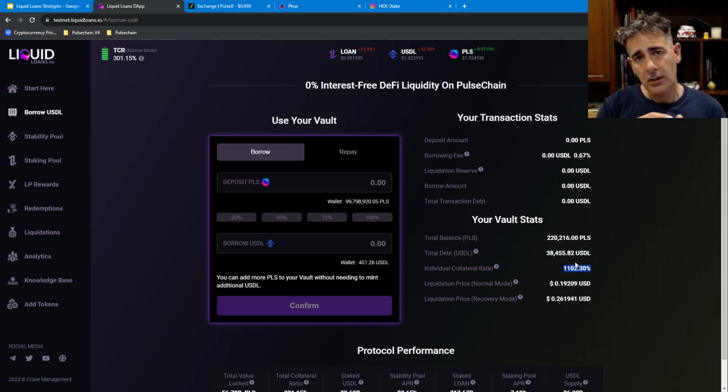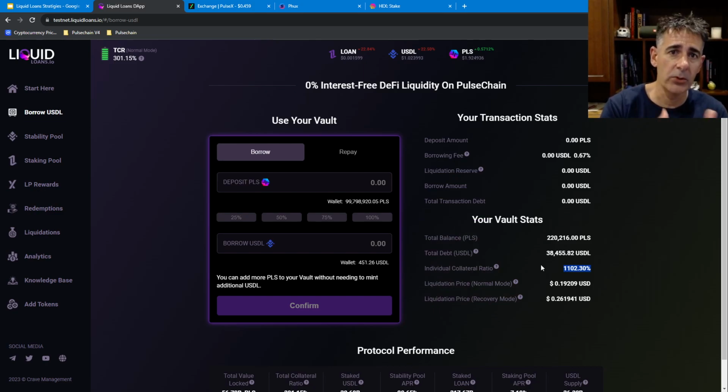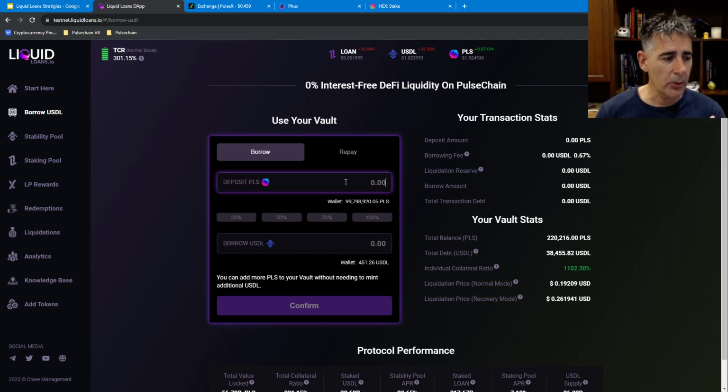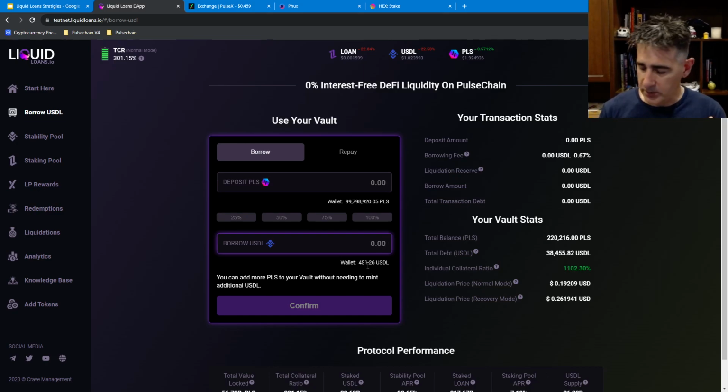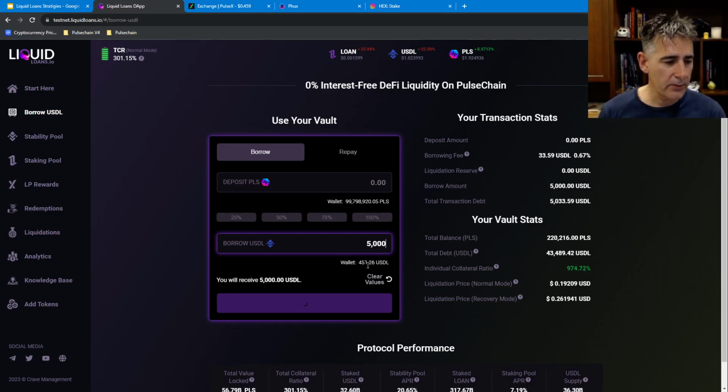So the aim of this strategy is, when the price in US dollar terms of Pulse moves up to a level where it goes up and then it stabilizes, then you can take another nibble and you can withdraw, you can extract some more value. You're not going to put any more Pulse in, but you'll be able to extract, let's say, another $5,000.